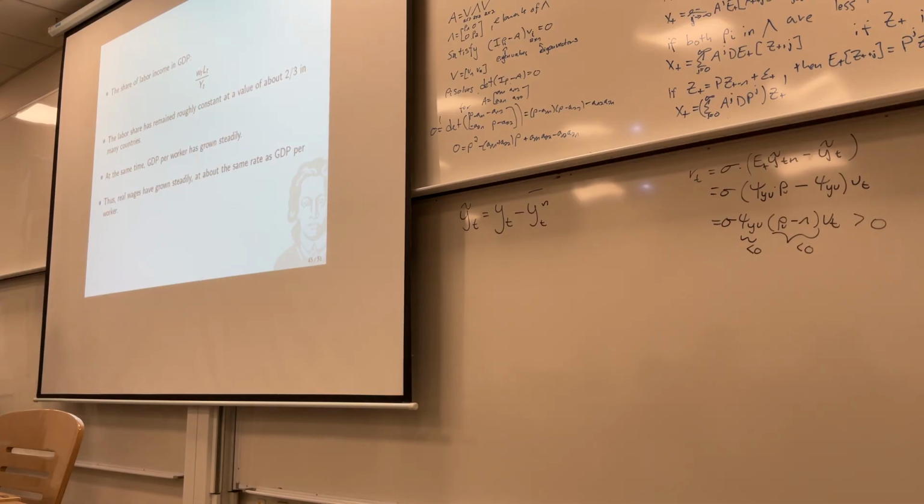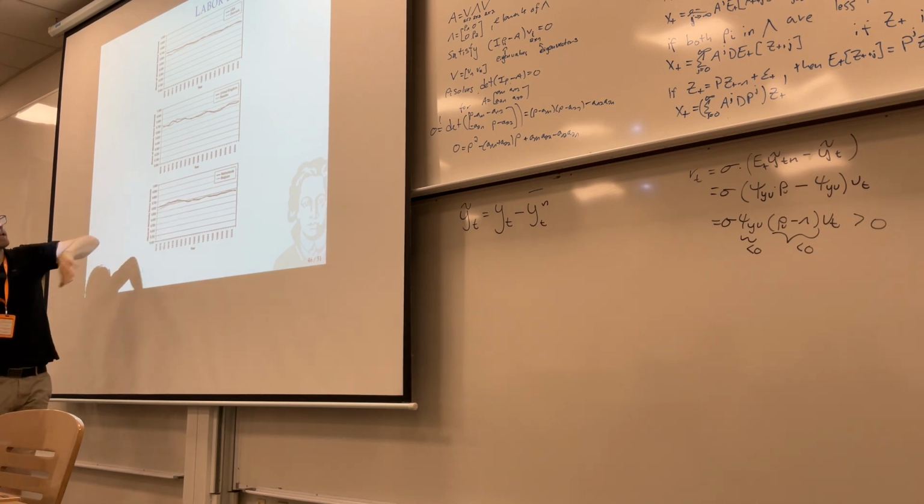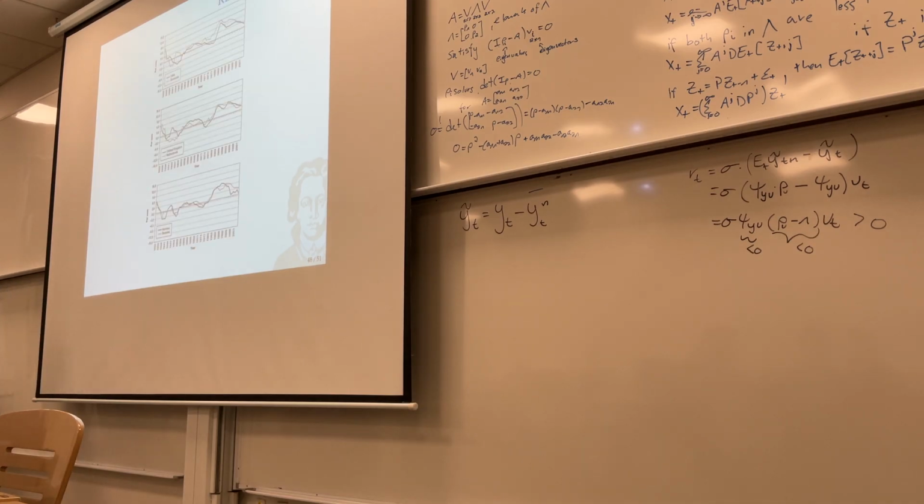If we look at all of the money that goes to paying workers and see what share of our total national income that is, that number is about 2/3. It's amazing how consistent that is across countries and across time.